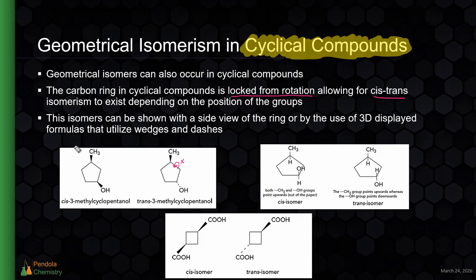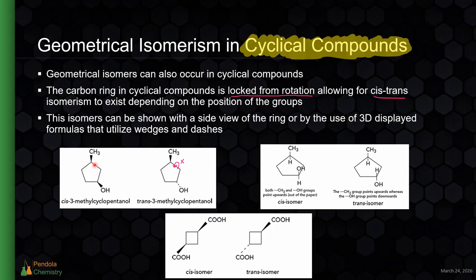The idea is that if we have this ring, we can have functional groups that are either going to be on opposite sides or the same side of the ring. Now, this is really hard to see with a two-dimensional drawing, actually impossible to see. We do need to do a three-dimensional drawing.